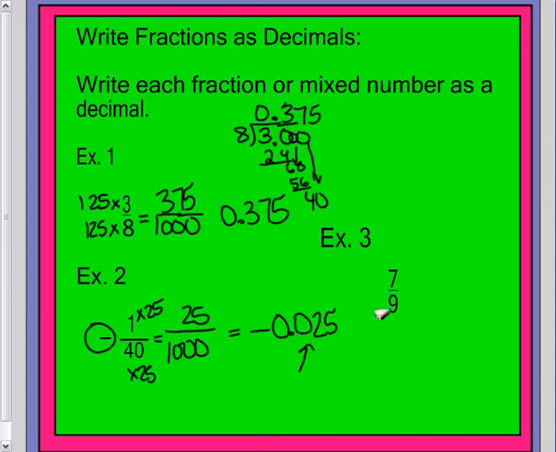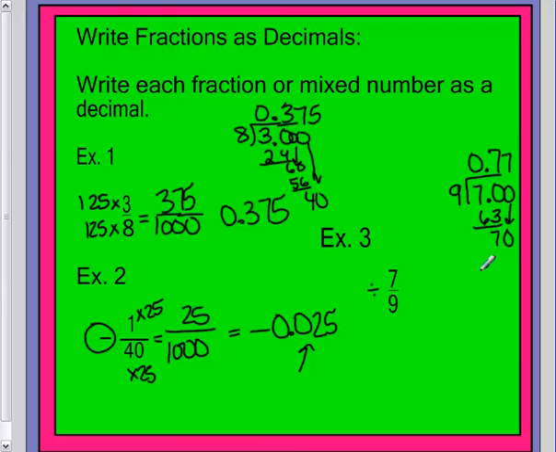Okay, same thing with the 7/9. All right, if we take 7 divided by 9, because remember the fraction bar means to divide, it goes in no times. Bring down a decimal point. 9 goes into 70 7 times. 7 times 9 is 63. And we get 7. Bring down a 0.